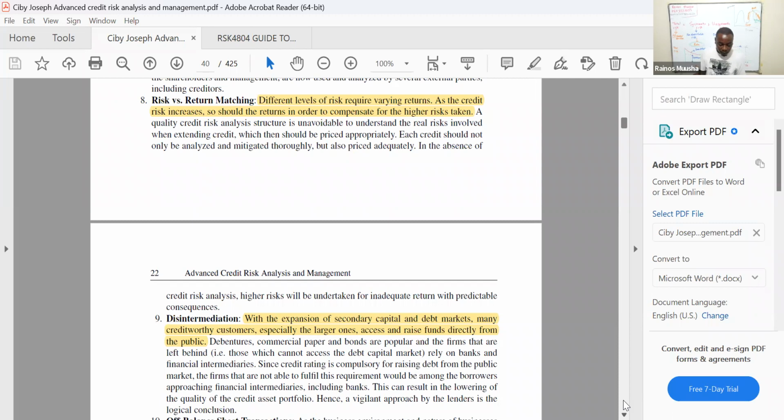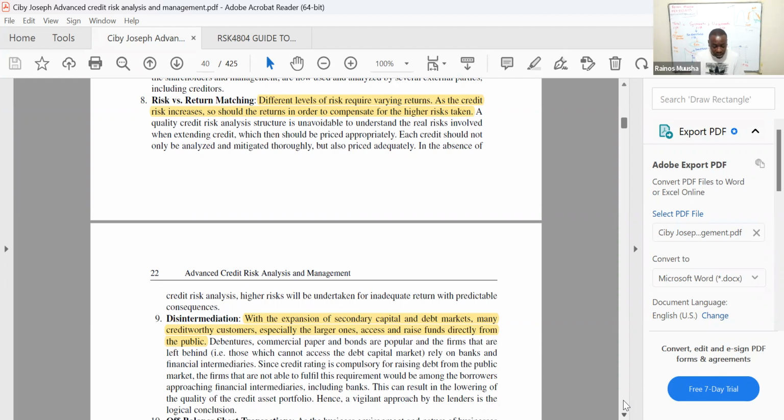Now, what we also need to take note of when you look at risk and return matching is the reason why we need to do a credit risk analysis: as a supplier of credit, you are going to assess and price the risk of the credit asset initially, when the arrangement or contract is done.